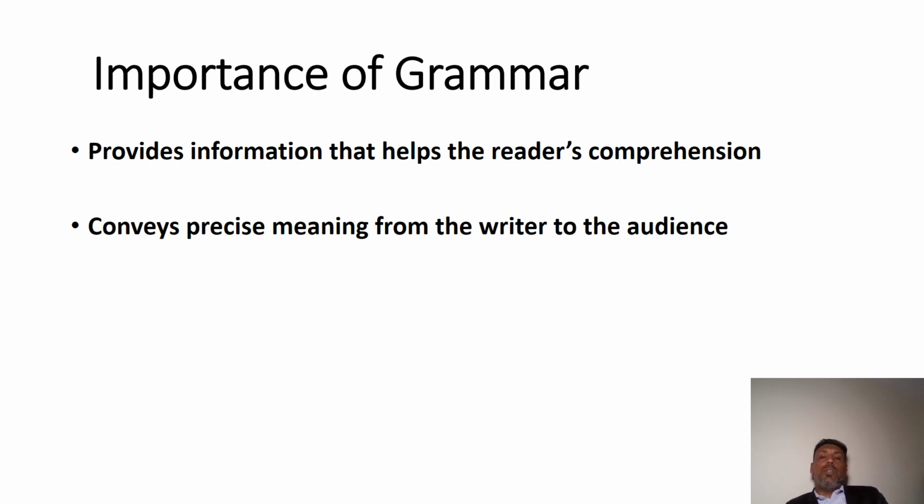If there are some grammatical errors in our speech or in our article, then there are two challenges the audience might face. Either they might not understand and get confused, or they might misunderstand. One of these will happen.